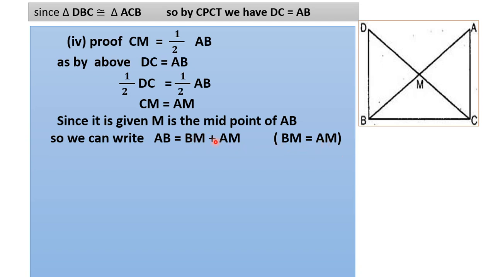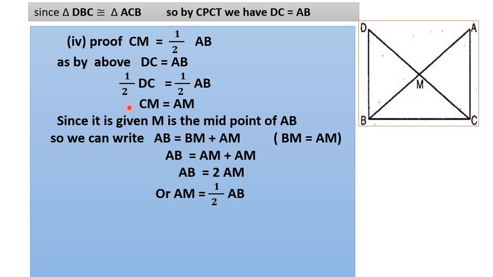So in this equation, in place of BM we can write AM. So we get AB is equal to AM plus AM, that is twice AM. So AB is equal to twice AM. Now this 2 we can transpose to the left-hand side, so it becomes half of AB. So we can write AM is equal to half of AB.